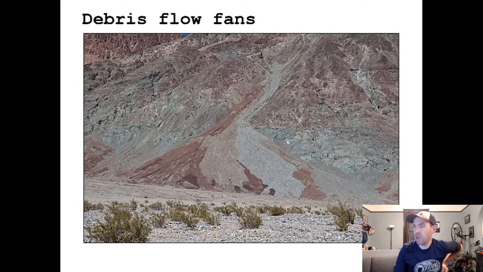They can get lobe deposits as individual debris flows create individual lobes here, and you can see the desert varnish on this particular debris flow fan, which really dramatically gives a sense for the relative ages of these deposits, right? Desert varnish develops as a veneer on the exposed surface of rock in the desert.